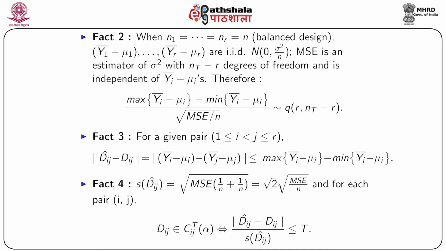And the fourth fact is that the standard error S of dij hat equals the square root of MSE times 1 over n plus 1 over n, which equals the square root of 2 times the square root of MSE over n. And for each pair ij, dij belongs to Cij prime alpha, which implies dij hat minus dij over S of dij hat is less than or equal to t.